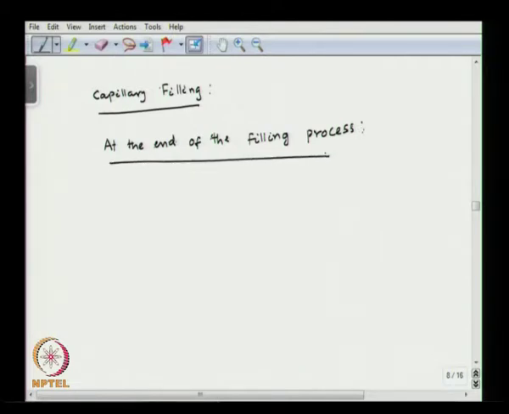Okay. So, we said that at the end of the filling process the inertia and the surface tension forces are negligible.